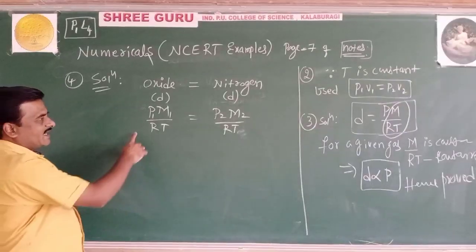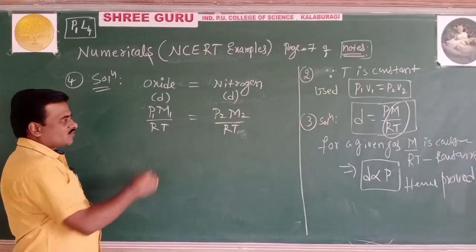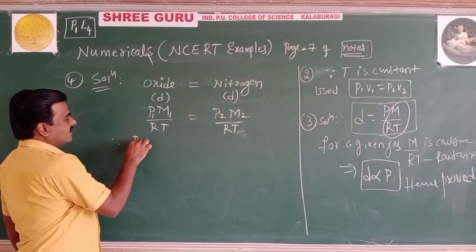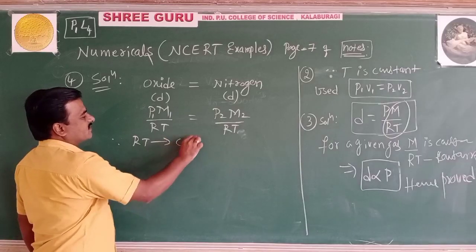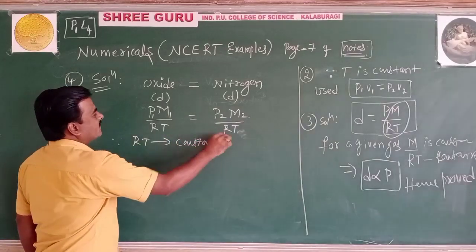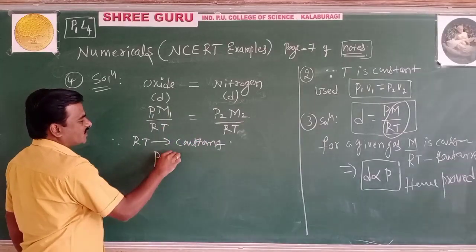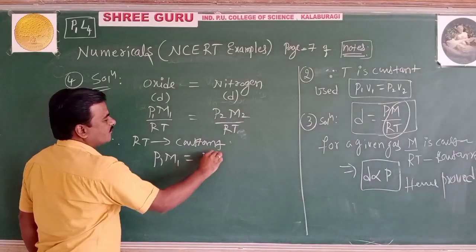Since R and T are constant and remain the same, you get P1 M1 equals P2 M2.